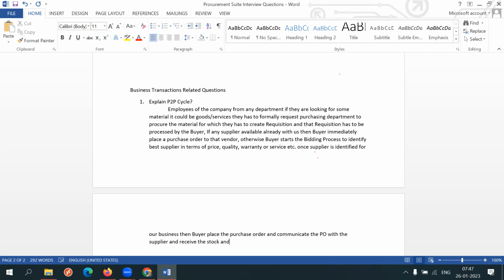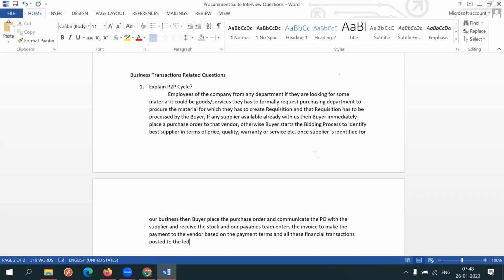And the payables team enters the invoice to make the payment to the vendor based on the payment terms, and all these financial transactions are posted to the ledger.